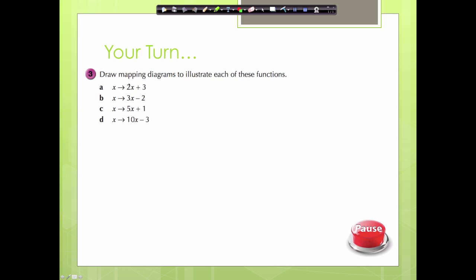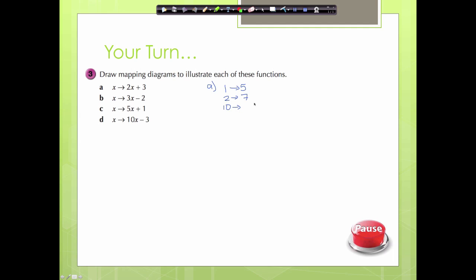So for the first one, I can have 1 is mapped onto, 1 times 2 is 2, add on the 3 gives me 5. I can choose any number, so I could have 2, 2 times 2 is 4, add on 3 gives me 7, I could have 10, 10 times 2 is 20, add on 3 is 23.